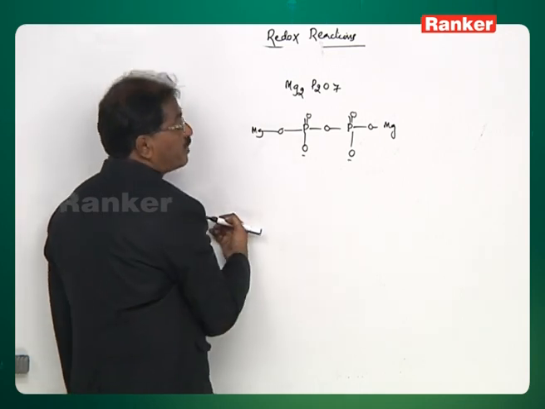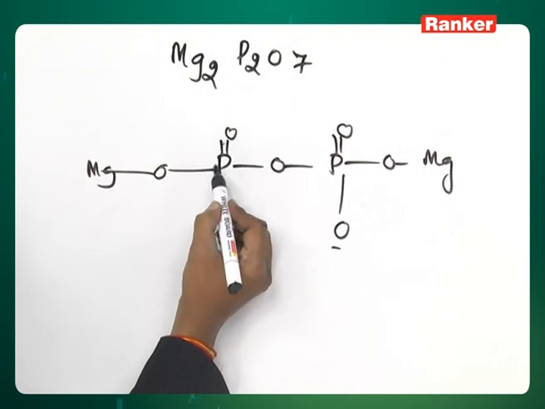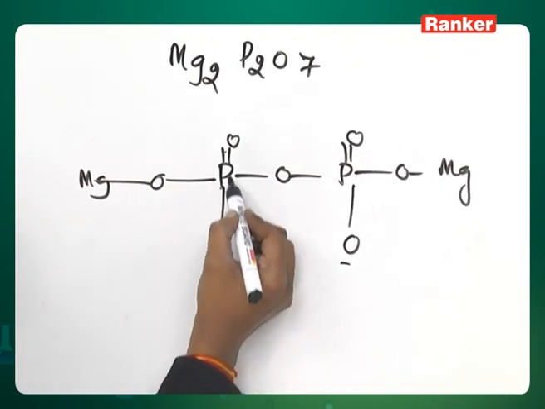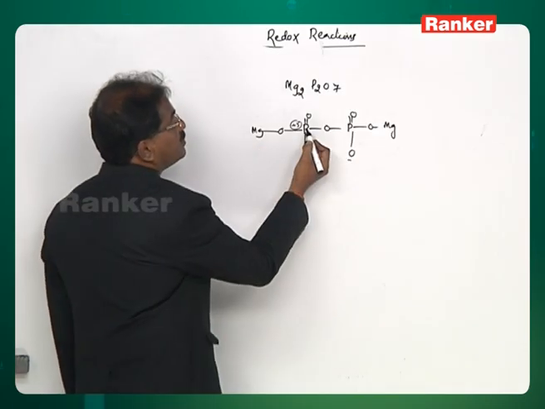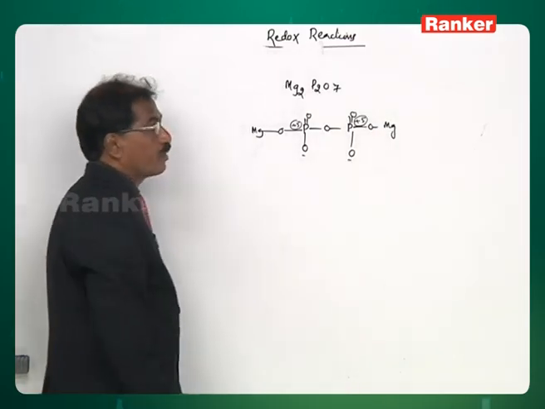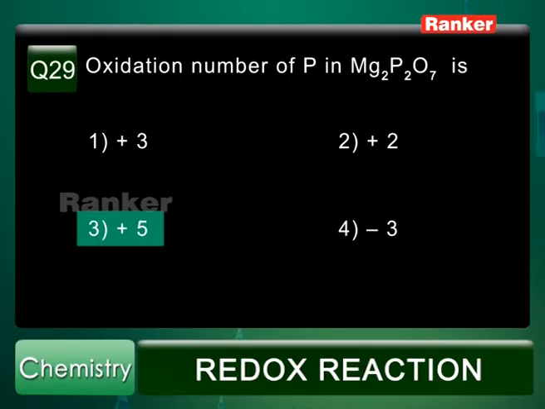This is the structure of Mg2P2O7. Here this phosphorus has lost 2 electrons, here it lost 1 electron, here 1 loss, here 1 loss. That means here 3 loss, here 2 loss. Total loss is 5 electrons. Therefore, the oxidation state of phosphorus is +5. So, select the option where +5 is shown. Answer 3.